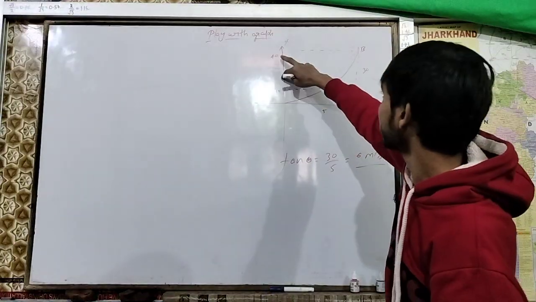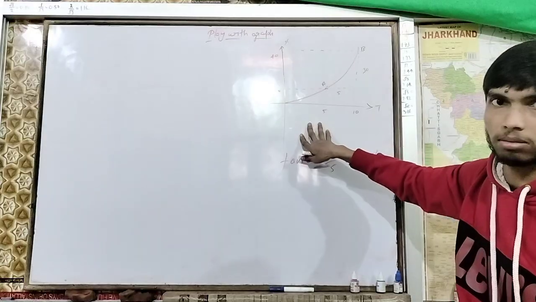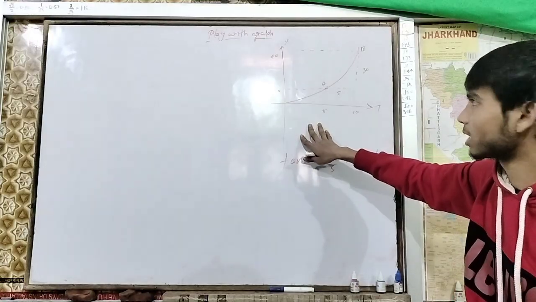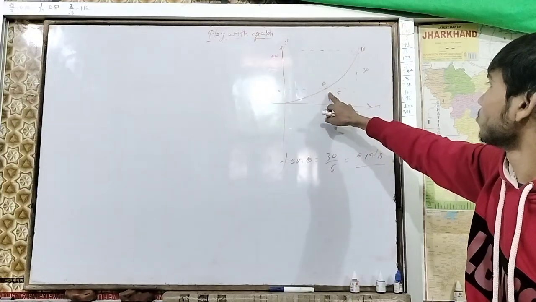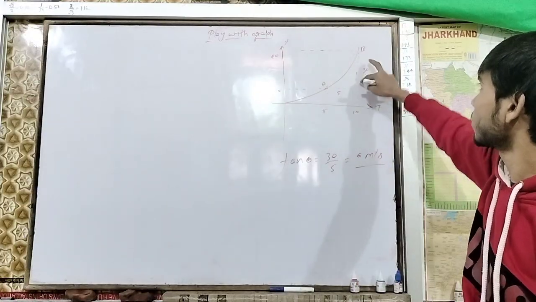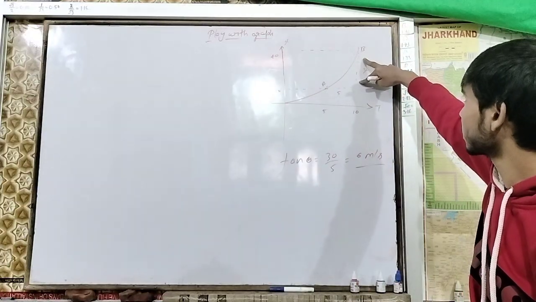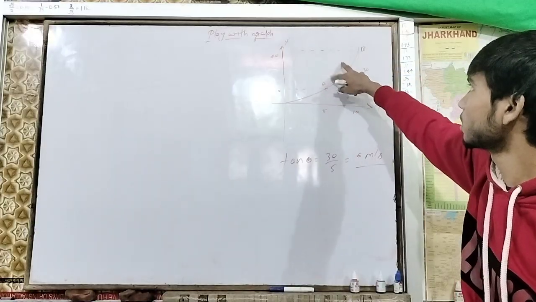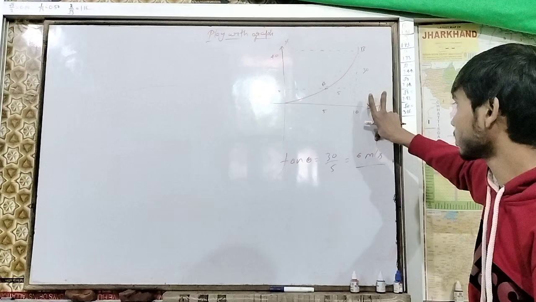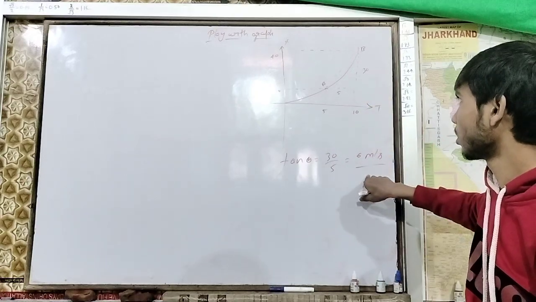And this distance is 40 minus 10, which comes out as 30. This distance is 5 and this distance is 30. From this upon this you will get the value of the hypotenuse, which is 6 meter per second.